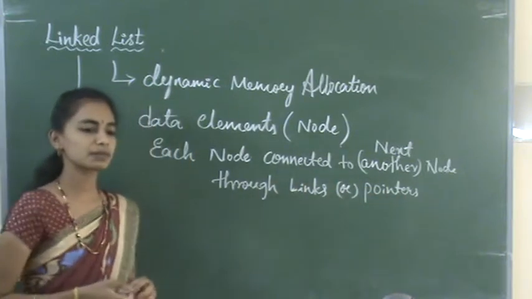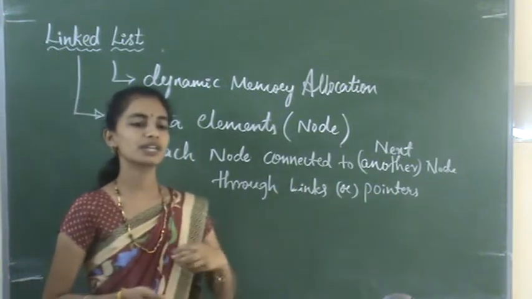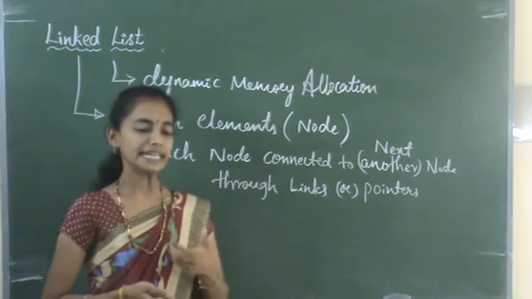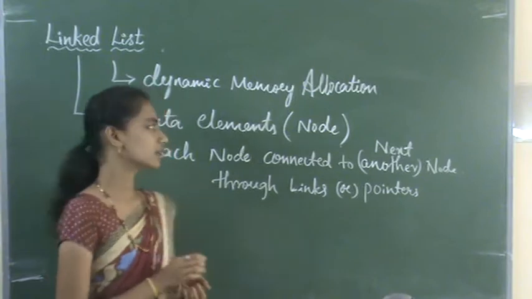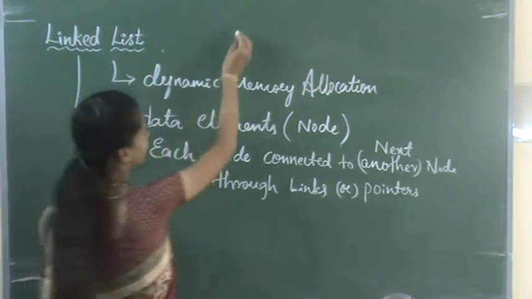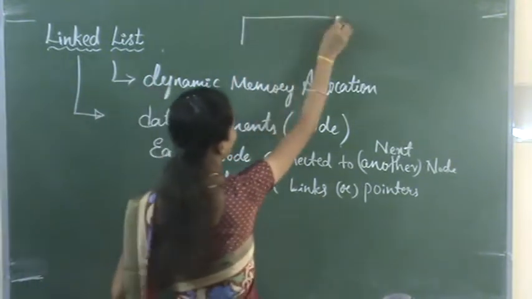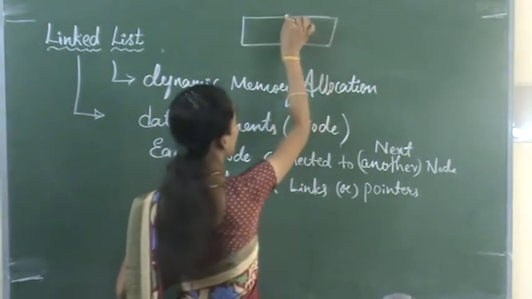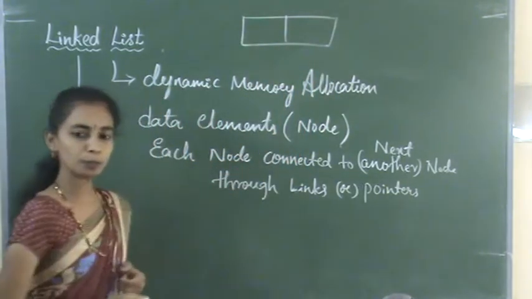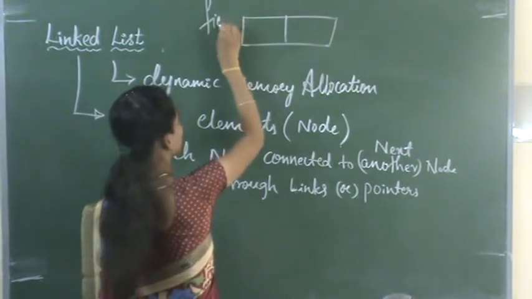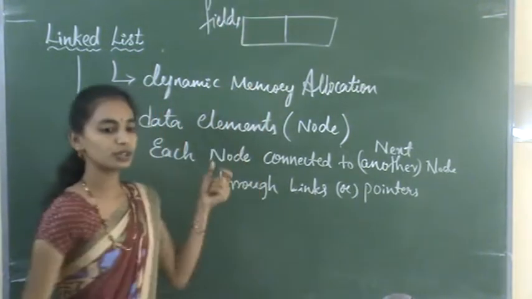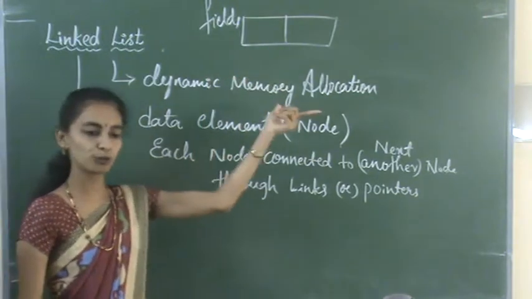As I explained in queues, we use a linked list to represent the queues in memory representation, right? There I told how exactly the linked list will be. In linked list we have two parts, which we call fields.